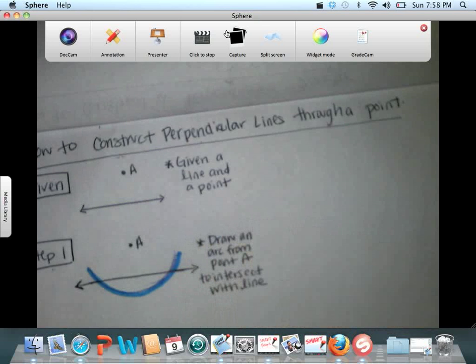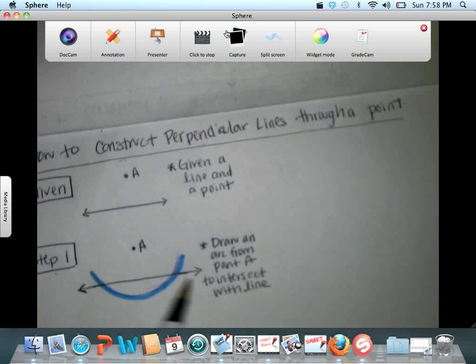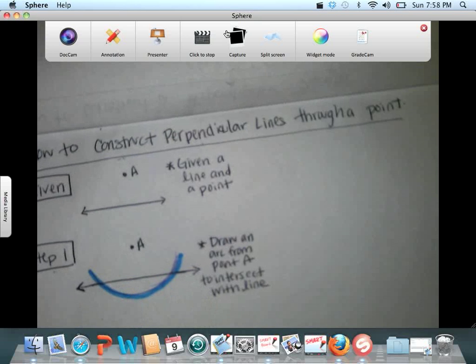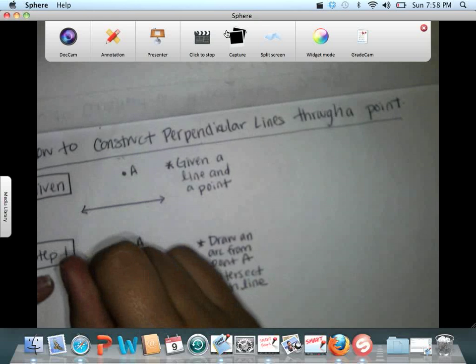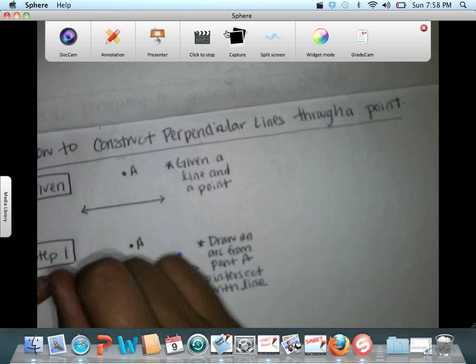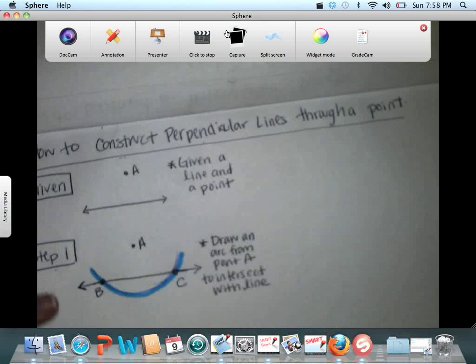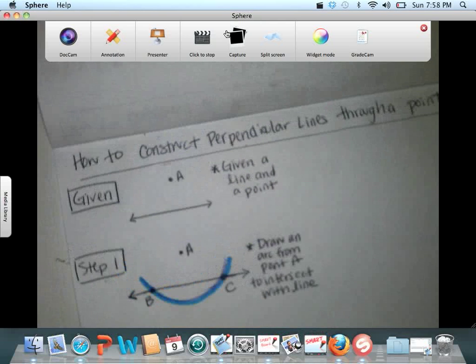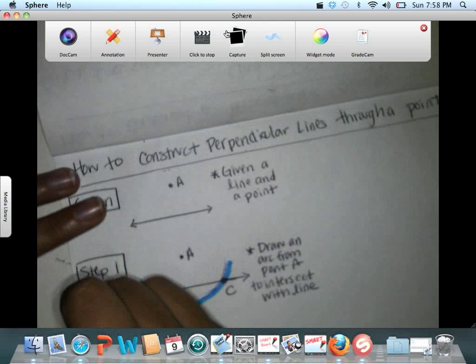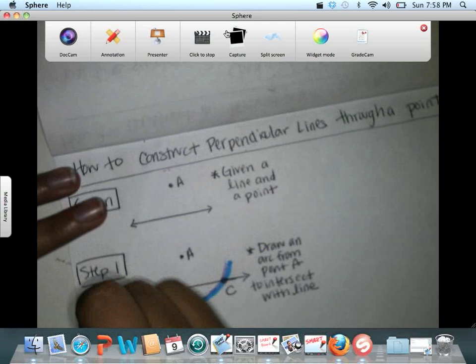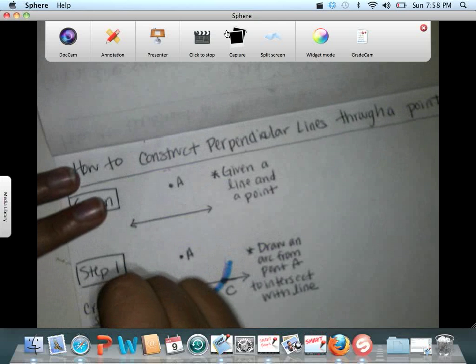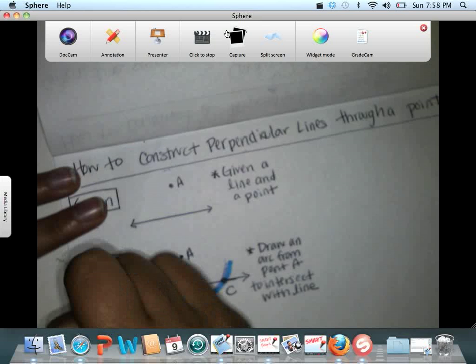Okay, and the reason we did this is in order to change this line into a line segment. Alright, so what you create are two intersection points which we will call B and C. Okay, so let's just make a note over here. Alright, creates segment BC.